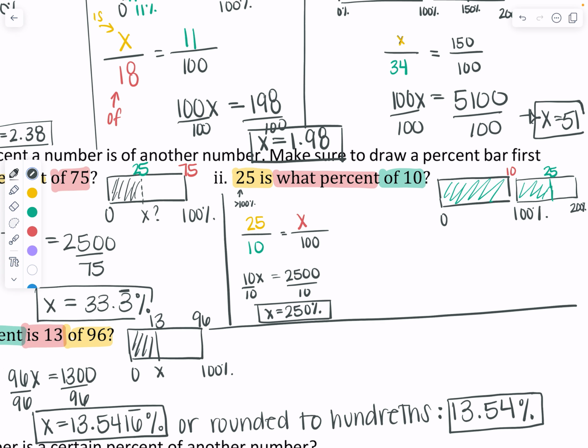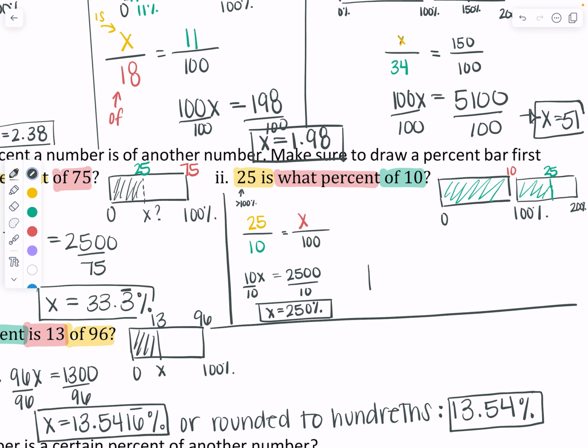And so what I actually need is 1 bar, that's 100%, 2 bars, that's 200%. I need 3 bars because 250% is going to be right there.